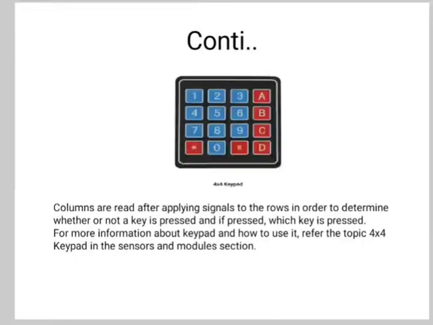So the columns are read after applying signals to the rows in order to determine whether or not a key is pressed, and if pressed, then which key is pressed.